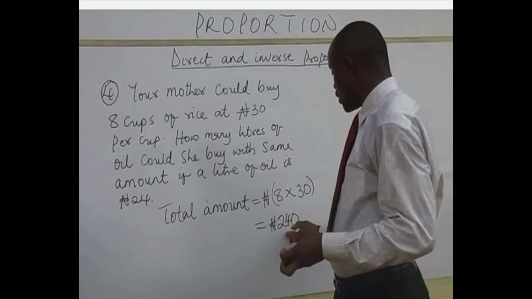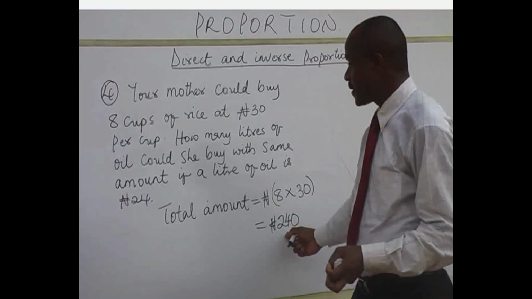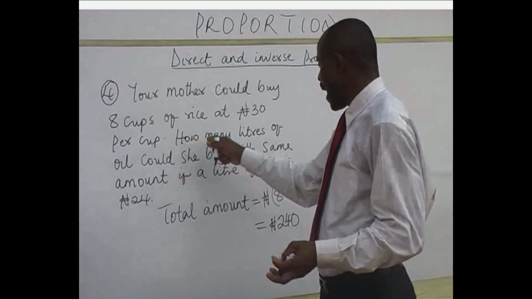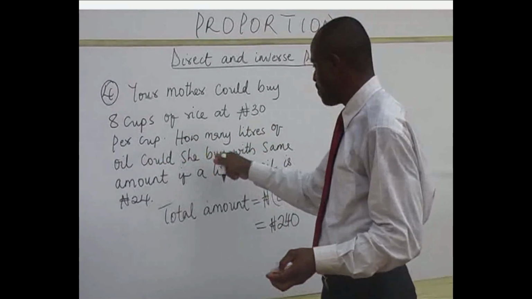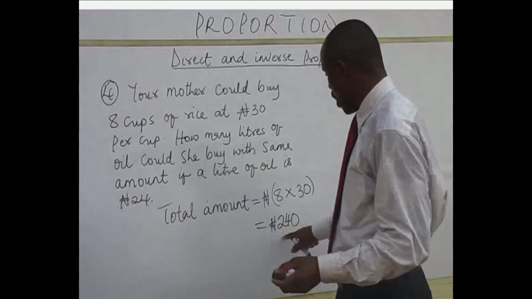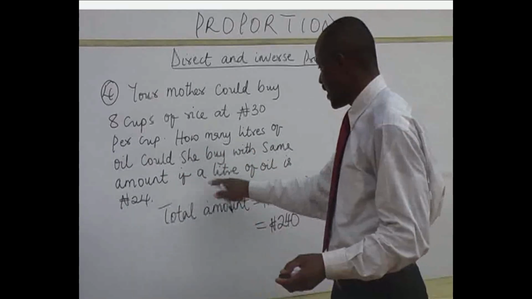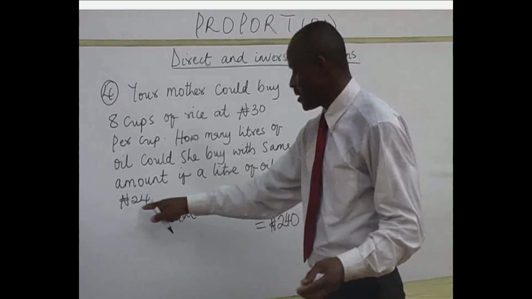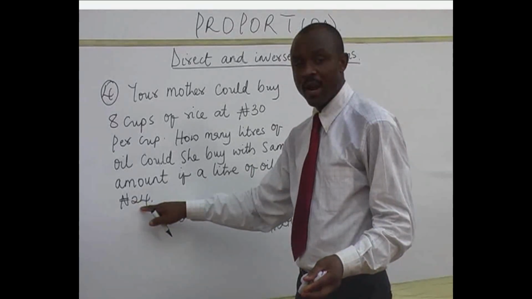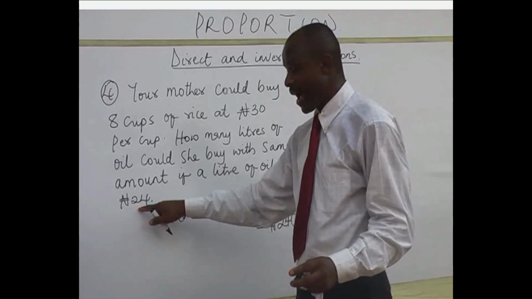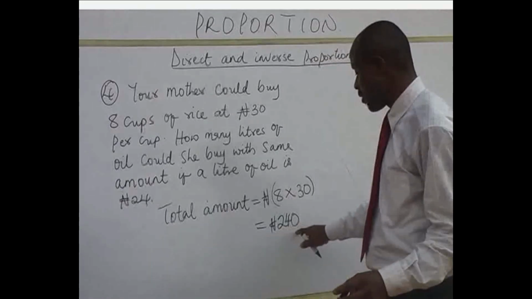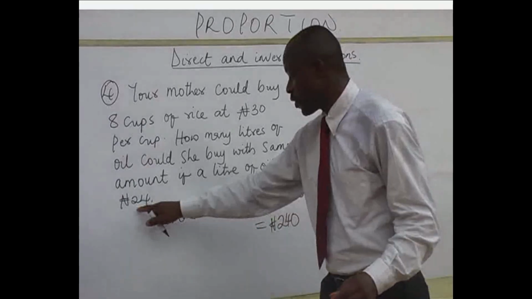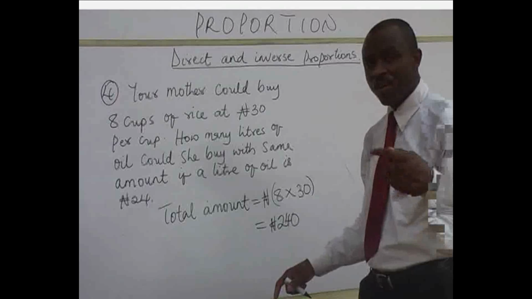So if this is the total amount of money she went to market with, the question is asking how many liters of oil could she buy with the same amount of 240 naira, if a liter of oil is 24 naira. If a liter of oil is 24 naira and she has 240, just use 24 to divide 240, you get the number of liters of oil she could buy.